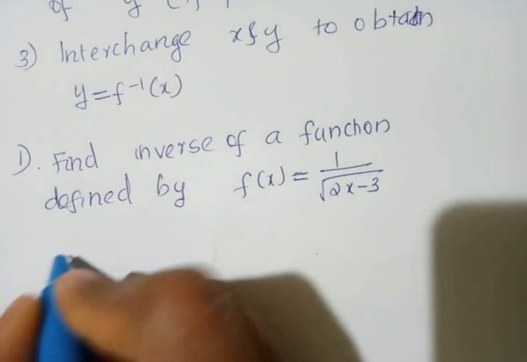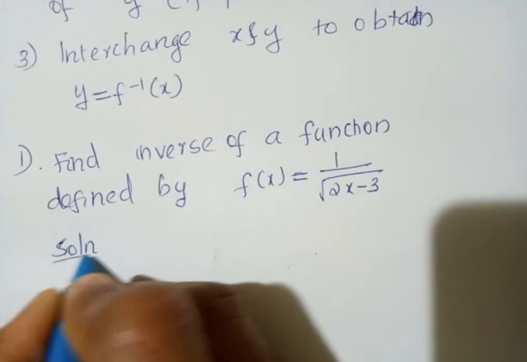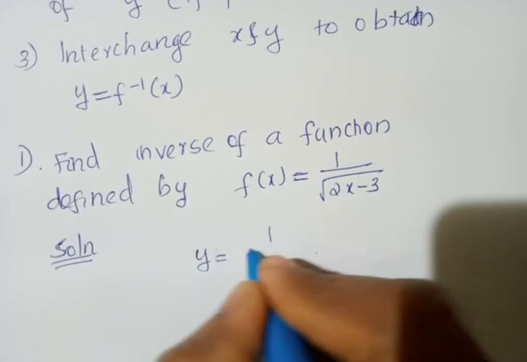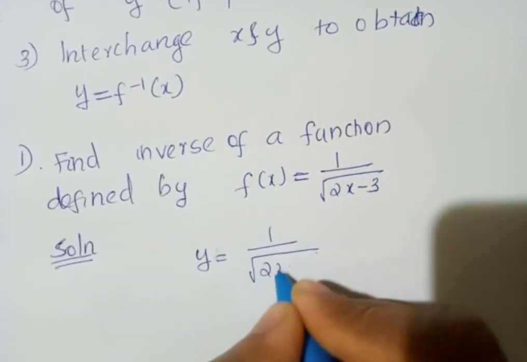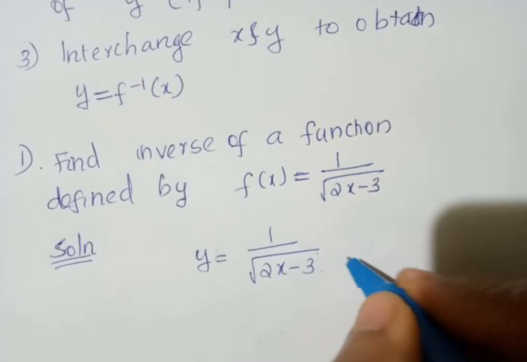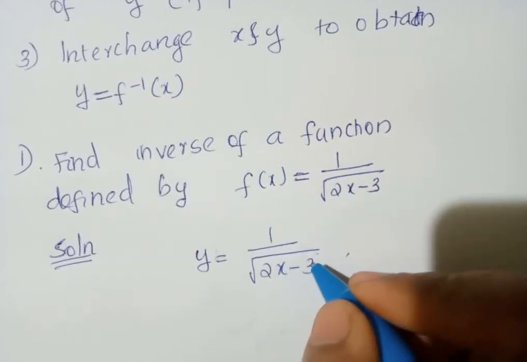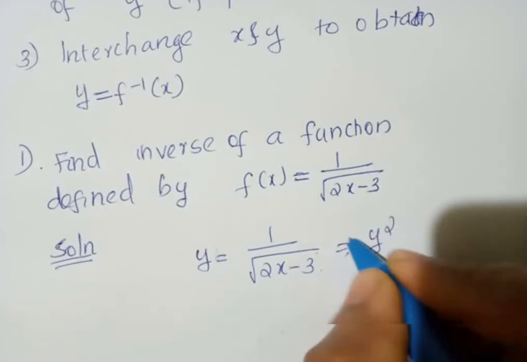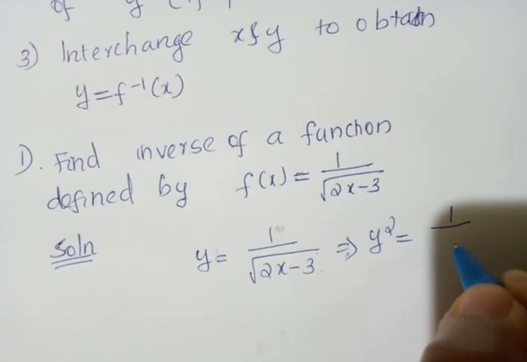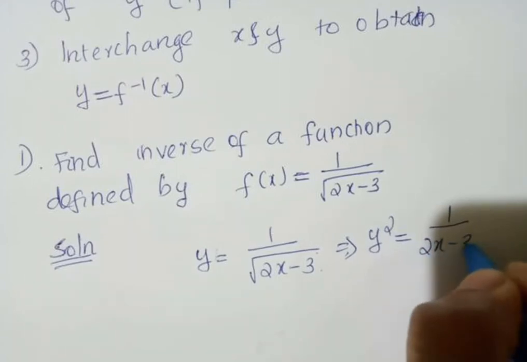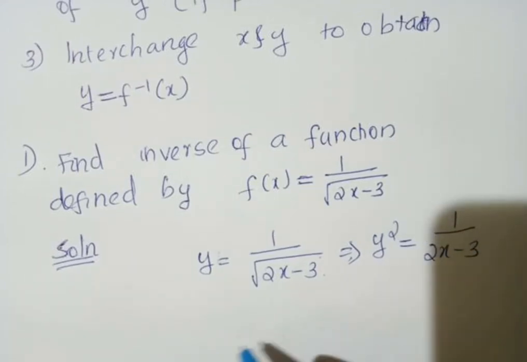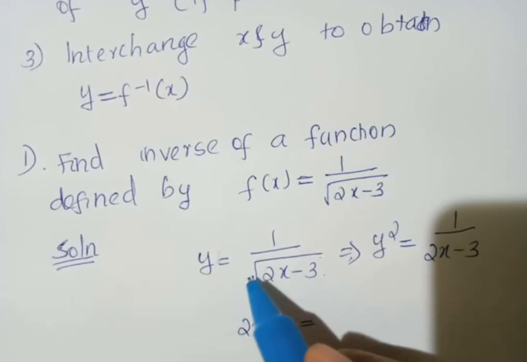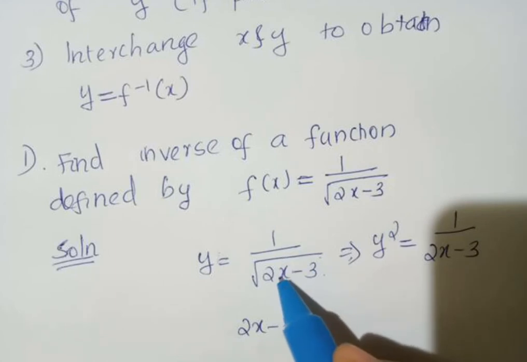The solution: we have y equal to 1 divided by the square root of 2x minus 3. I have to eliminate the square root, so I am squaring: y square equal to 1 by 2x minus 3. First of all, I have written y equal to f of x, the first step.